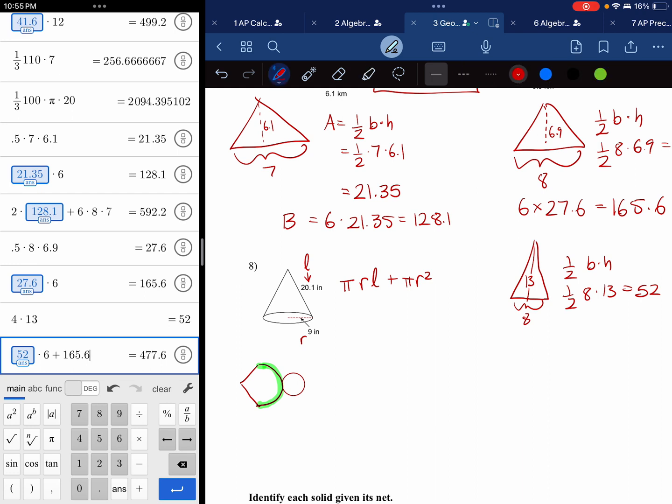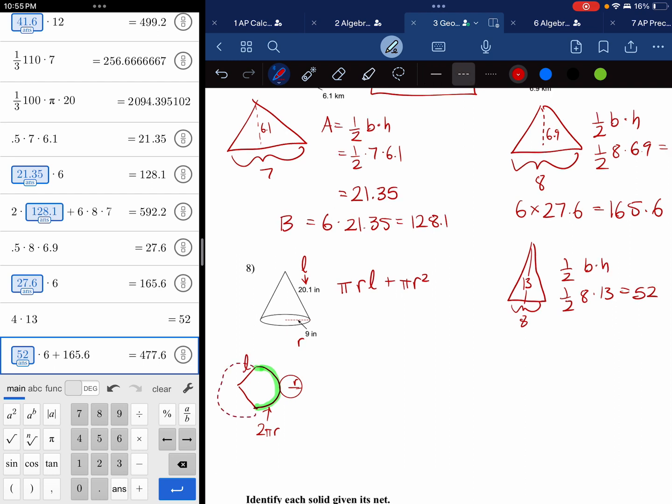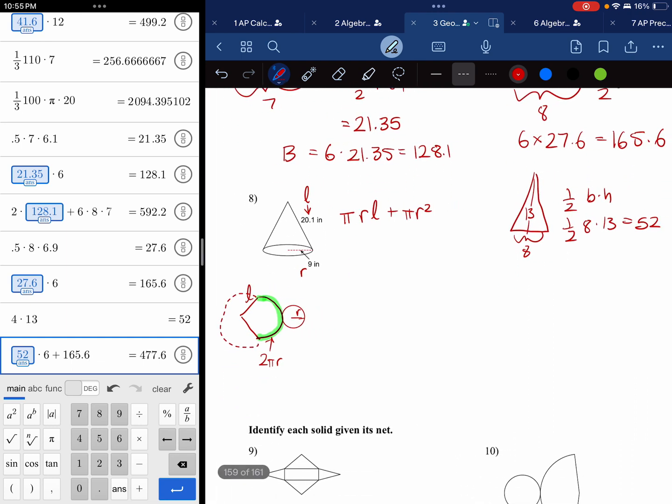This is the radius. This green highlighted distance is 2 pi r. But if I were to look at the entire circle, it would have been 2 pi l.